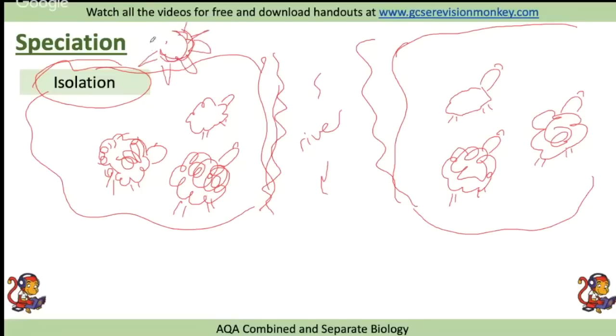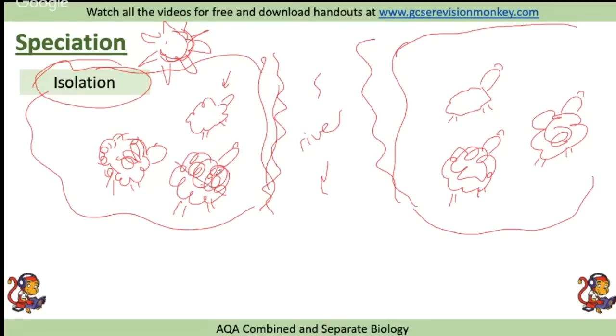If you think to yourself about evolution by natural selection, think to yourself which sheep would survive best on this island. Well, probably this sheep here is the one that is best adapted. So that will survive, reproduce, pass on its genes to the next generation.